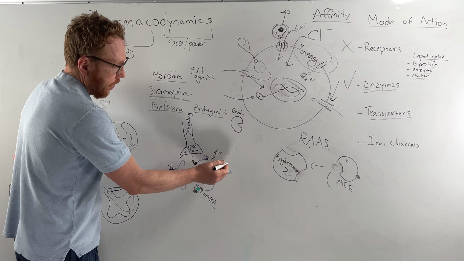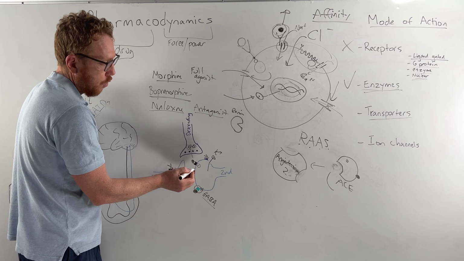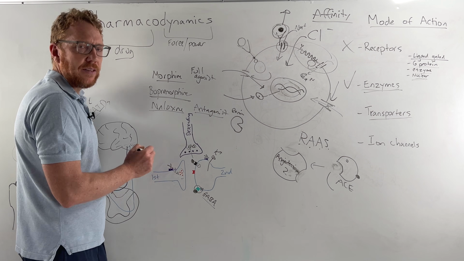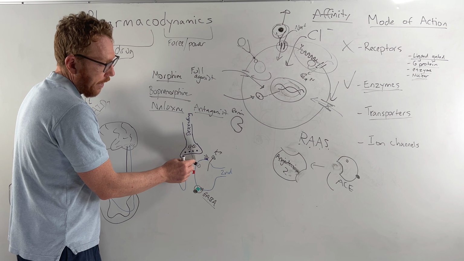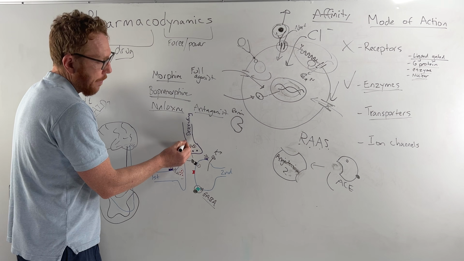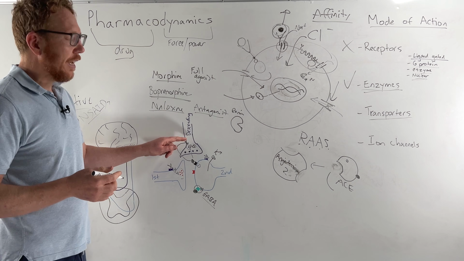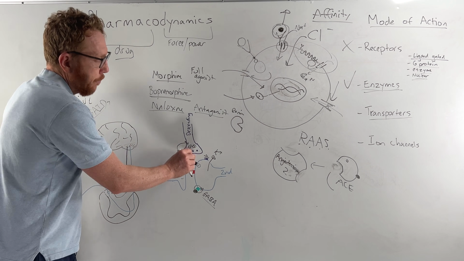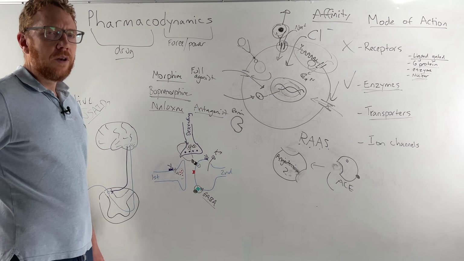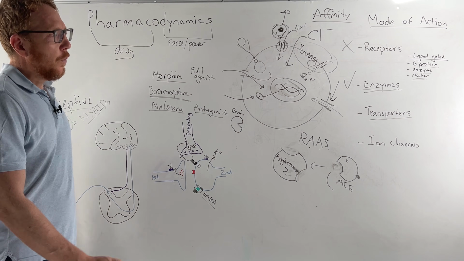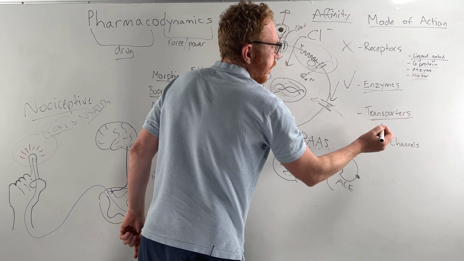So serotonin and noradrenaline can actually inhibit that signal. But what would happen is that serotonin is taken off the receptor and taken back up into the neuron, so reuptaken into the neuron. And pulling the serotonin off the receptor and putting it back up into the neuron would stop its effect.